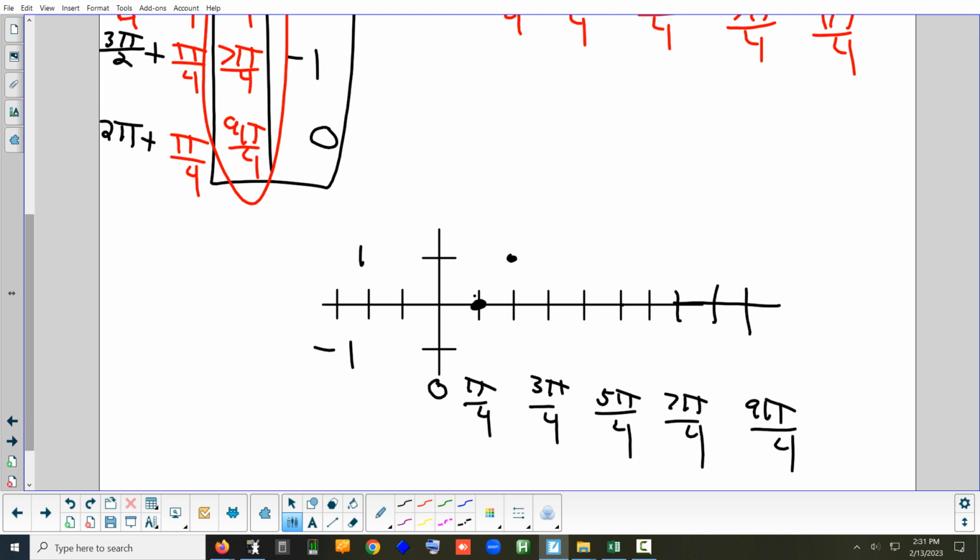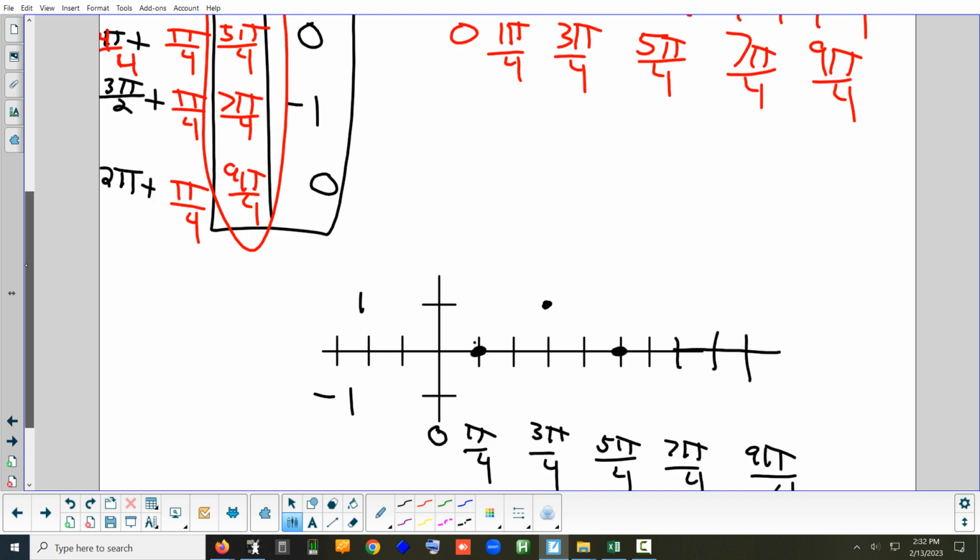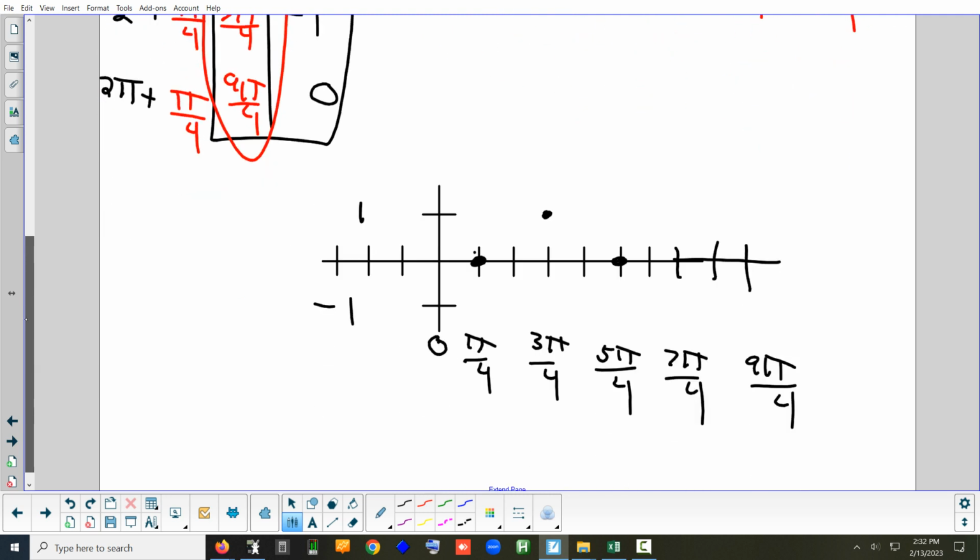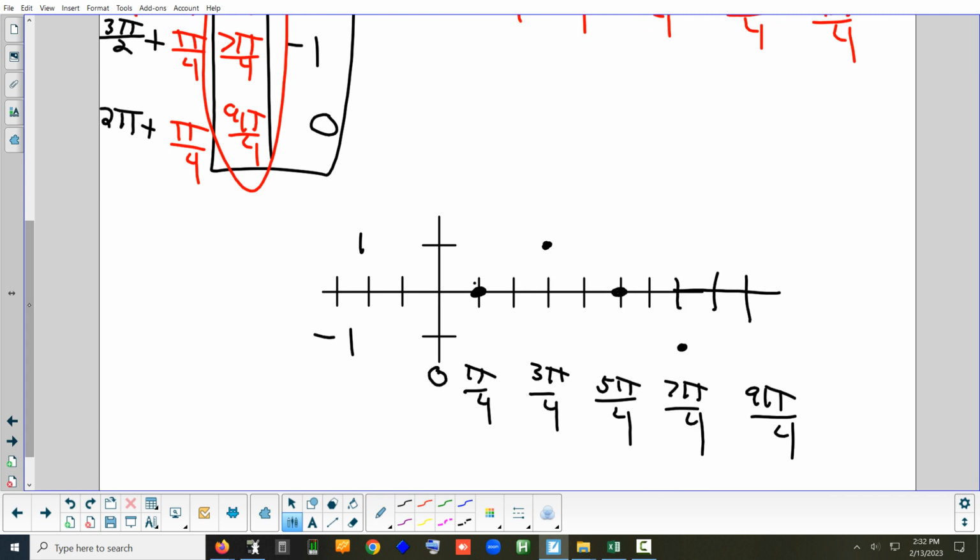Oh. So that one does go there. There we go. Fine, when you have graph paper, it'll make it easier to line things up. I think that looks good now. 7 pi over 4. That's that one. And put it about at -1. And the last one is 0.